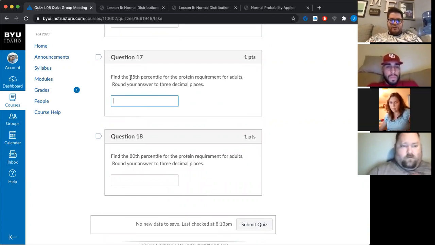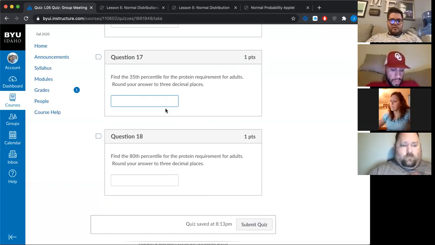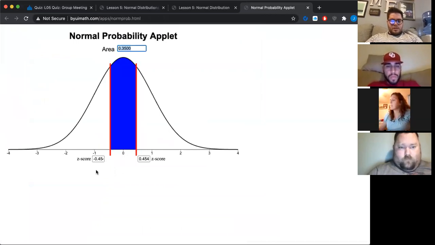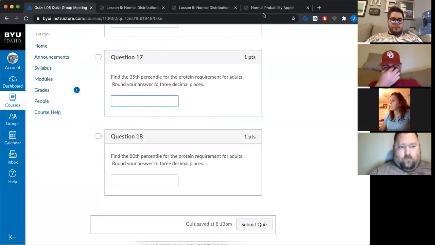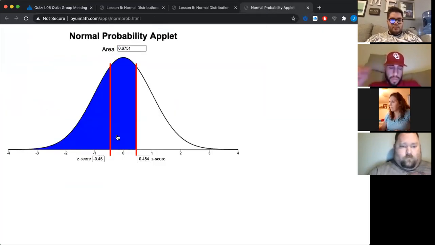So it says find the 35th percentile of the protein requirement for adults. So that wants, not the Z-score, right? No, that one we just put right in the area. So we have a Z-score of negative. So that means we would need the 35th.